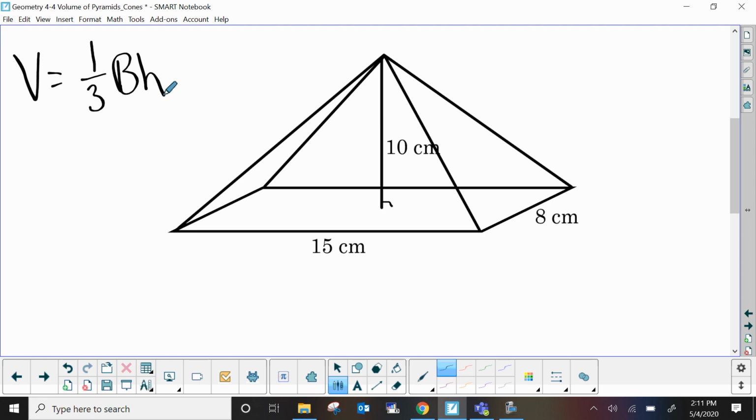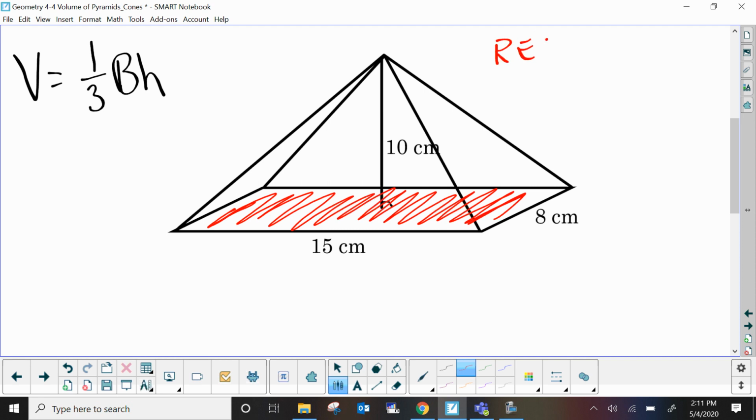As I look at this pyramid, the first thing I'm trying to determine is the shape of its base. And it looks to me that that shape is a rectangle.